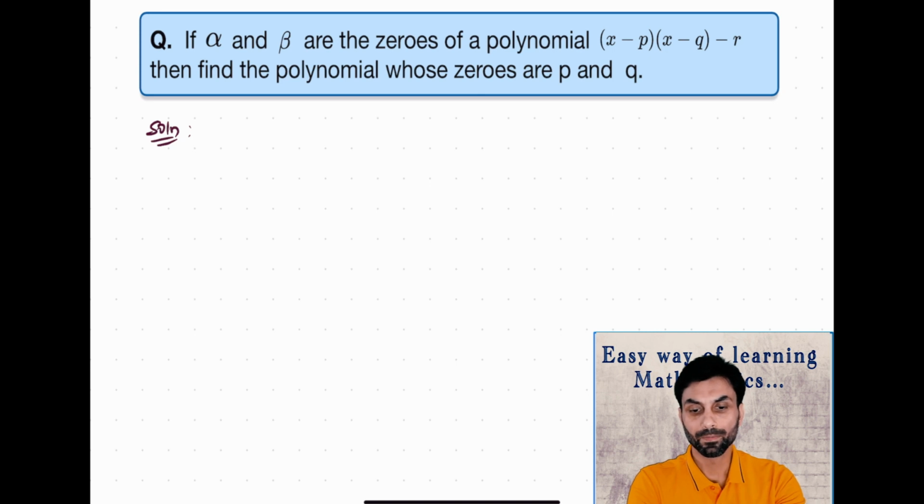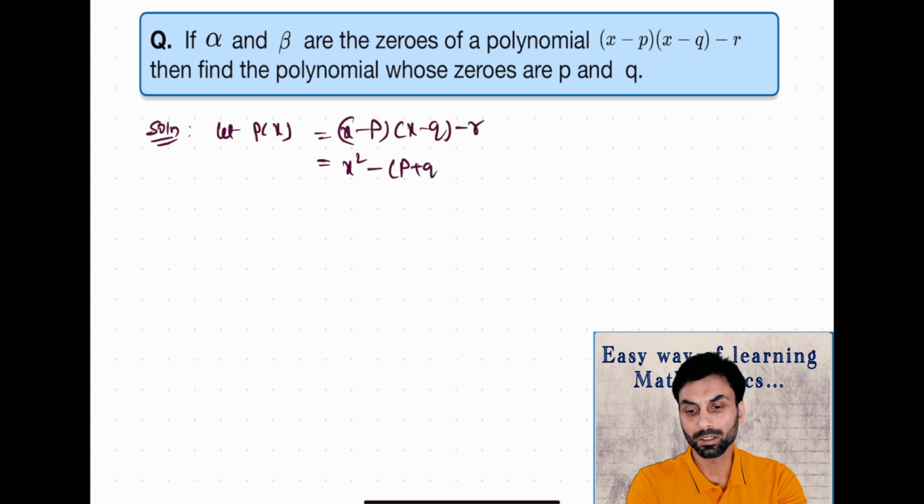So in this case, let p of x be x minus p into x minus q minus r, which can be written as x square minus p plus q times x plus pq minus r.